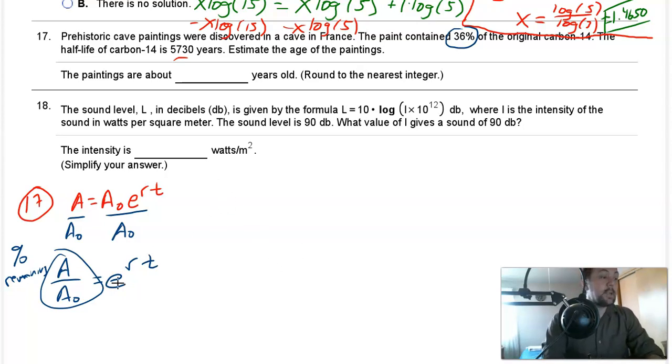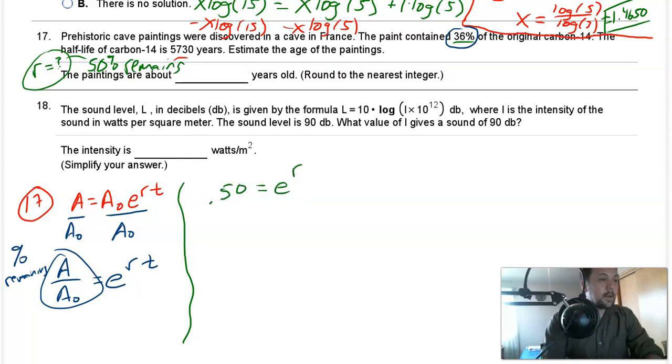Right? So the first thing we need to do before we can answer this question about the 36% is to find r. The half-life is given to us so we can find what r is equal to. So we'll do that right here. For half-life, 50% is remaining. And so let's go ahead and write that out. 50% remains. So using this formula, I'll have 50% remaining after 5,730 years, right?